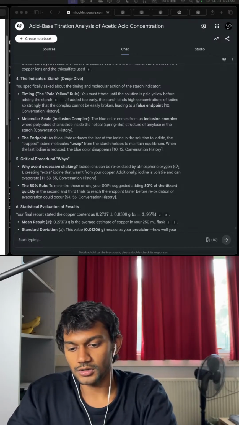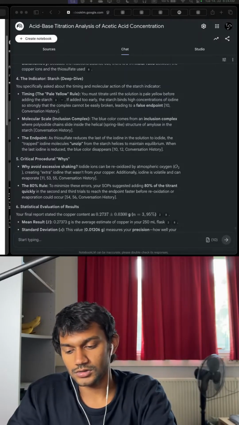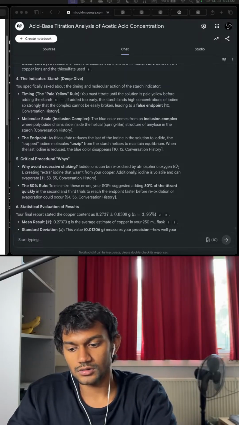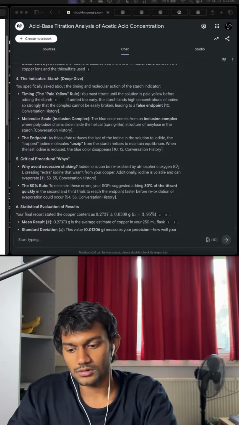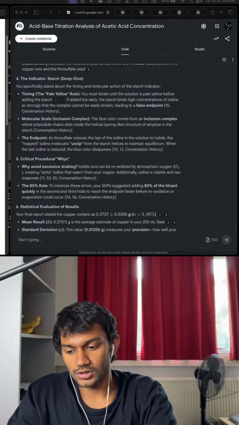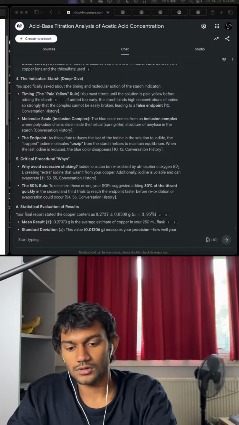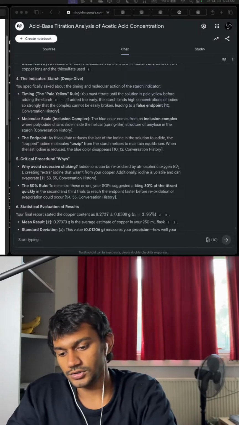Could you explain why exactly this complex is able to change color? Also, xylenol orange.